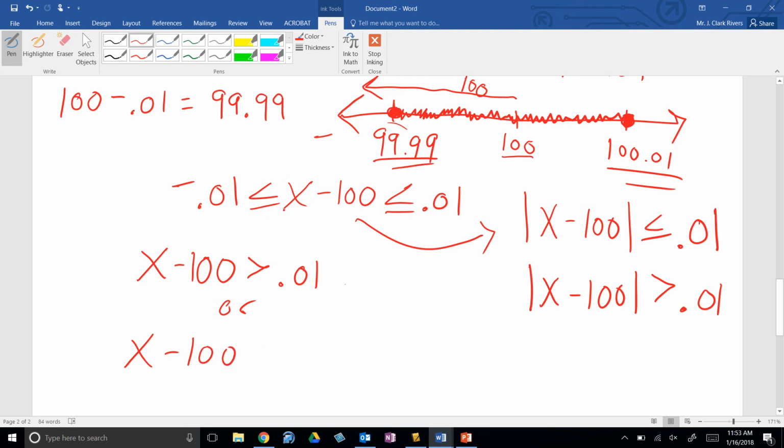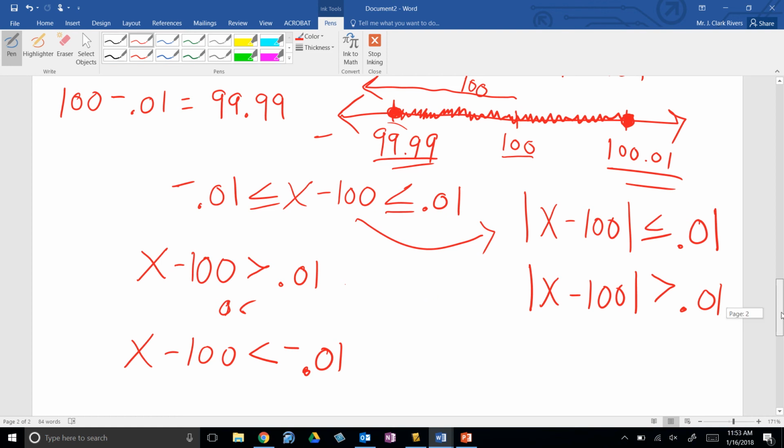Instead of the x minus 100 portion being larger than negative 0.01, it's now going to be less than negative 0.01. And again, it is not less than or equal to because the equal portion is taken up within the and within the intersection inequality. So I know that's a little tricky, but this would represent what is not allowed.